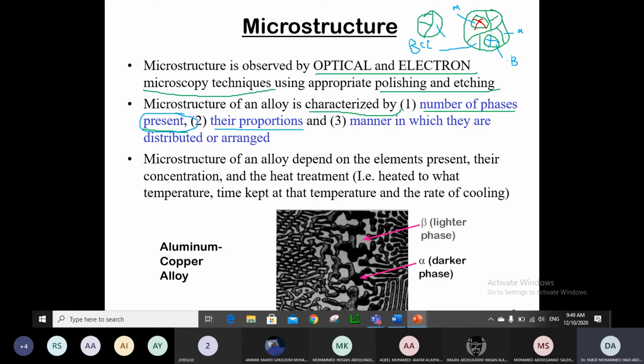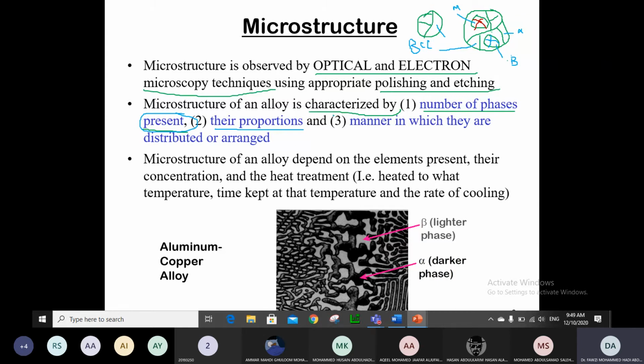The addition of more alloying element, would it change the properties of the material? Obviously, it's going to change the properties of the material. The same thing here, if you have in a heterogeneous system, that's martensite, that's bainite, and that's ferrite. The more carbon in each one of them, it changes. So at lower carbon content, their behavior is a little bit weaker. At higher carbon content, their behavior is higher.